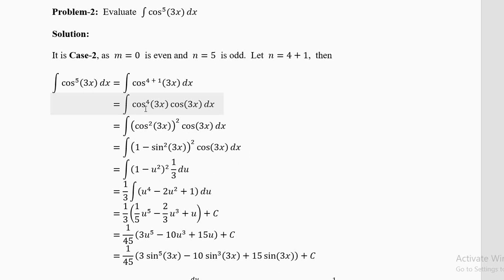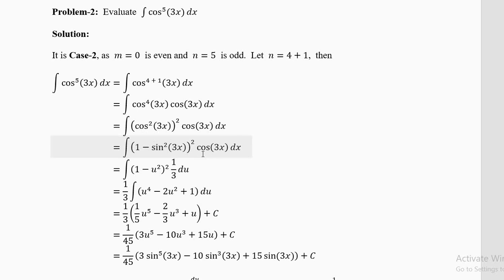Now this cosine power 4 has to be converted into sine, as a function of sine, and derivative of sine is cosine with the number. So now cos power 4 can be written as cos square whole square. Now cos square is 1 minus sine square. So you'll get 1 minus sine square whole square into cosine.